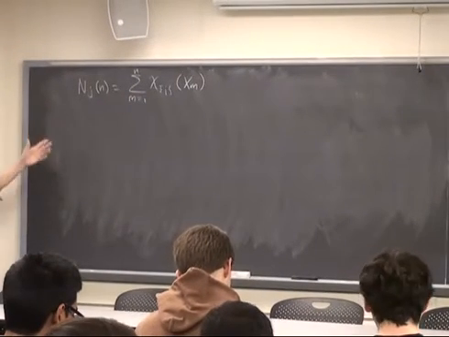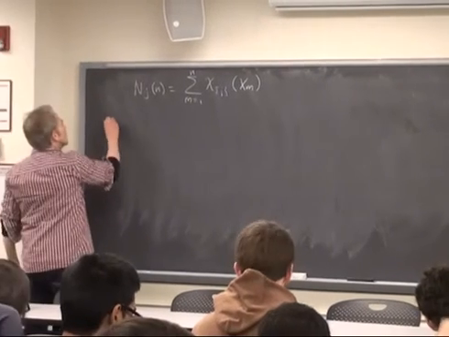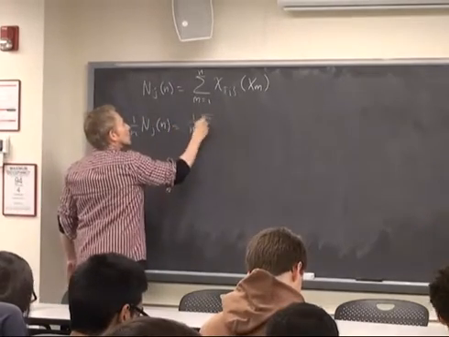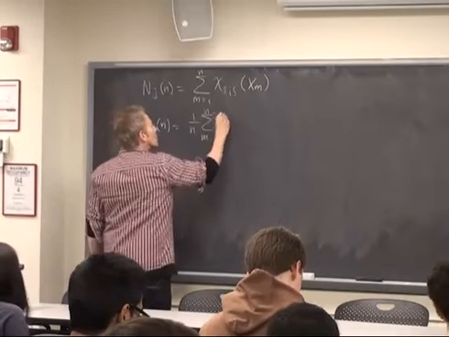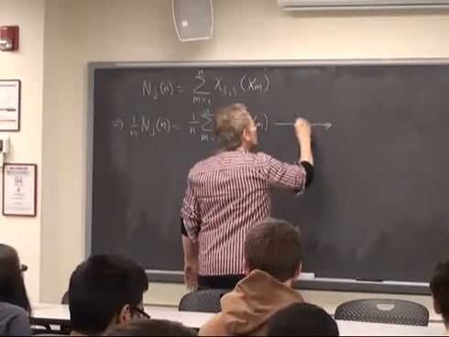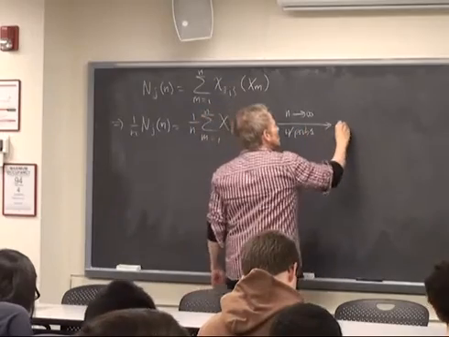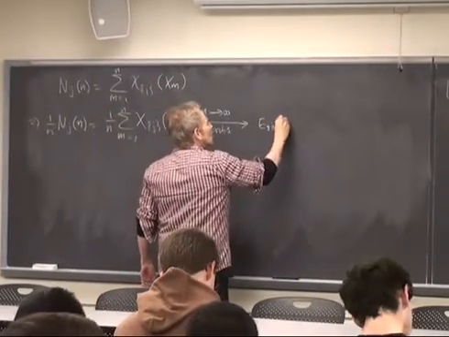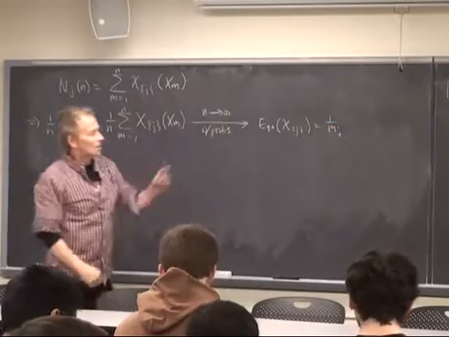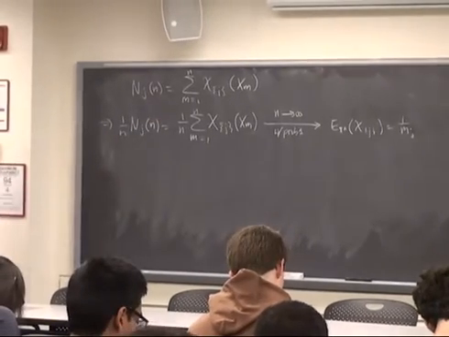And 1 over n times that sum is going to converge as n goes to infinity, with probability 1, to E_pi-star of chi_j, which we just discovered is 1 over m_j. And thus, the earlier result is a special case of the ergodic theorem for Markov chains.